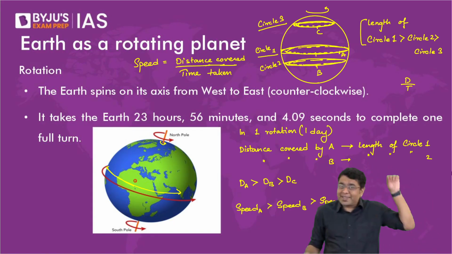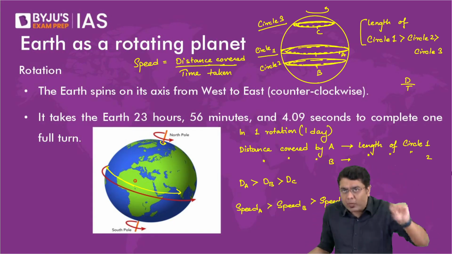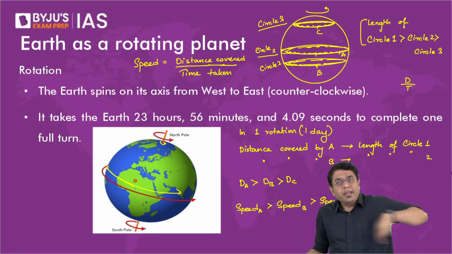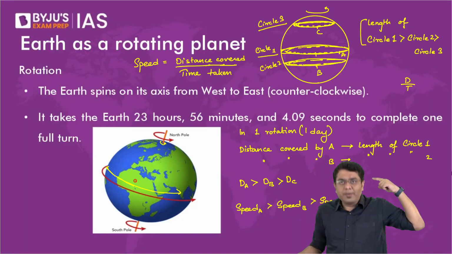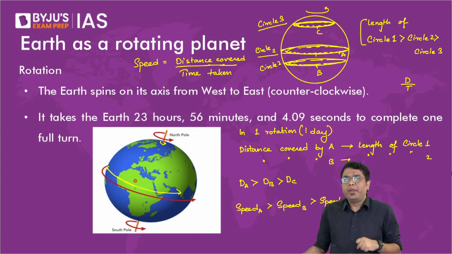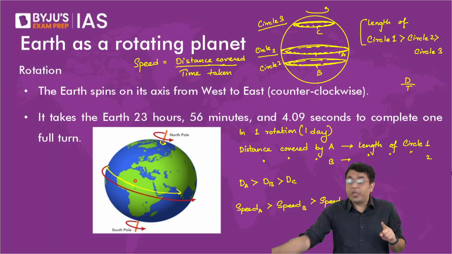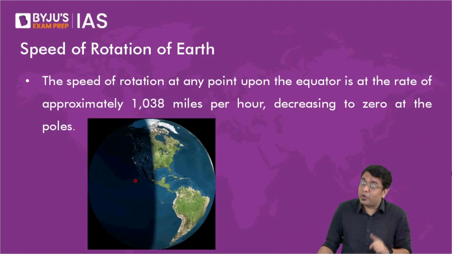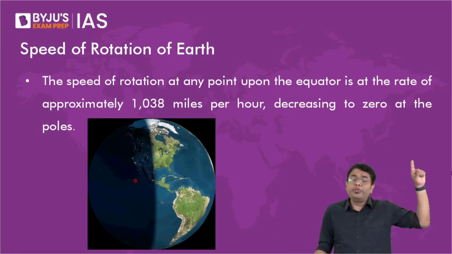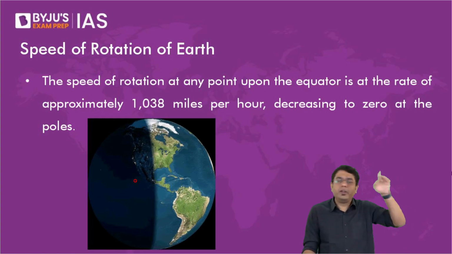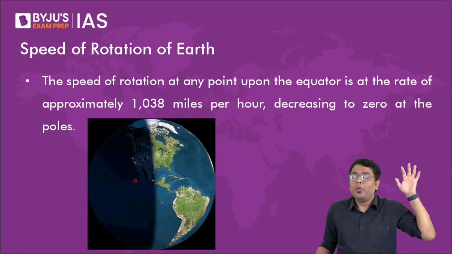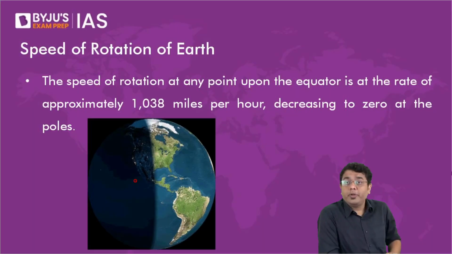So a person standing at the central point, or the equator as it is known, will cover the largest distance in 1 day. That is why the speed of rotation is fastest at the equator and reduces to 0 at the region of the poles. Why 0 at the region of the poles?